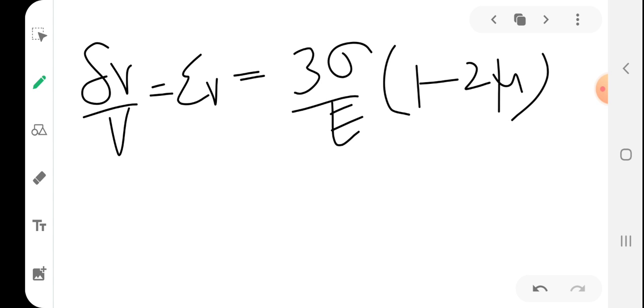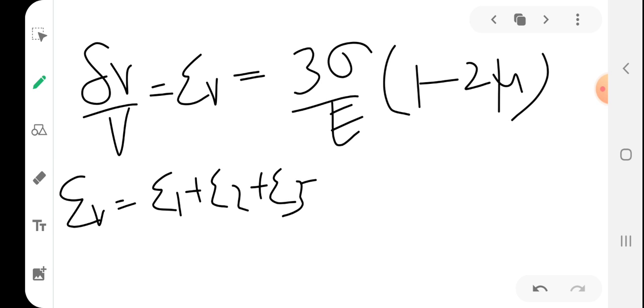So epsilon 1 will be equal, and epsilon V equal to epsilon 1 plus epsilon 2 plus epsilon 3 will become 3 epsilon, because sigma is the same.